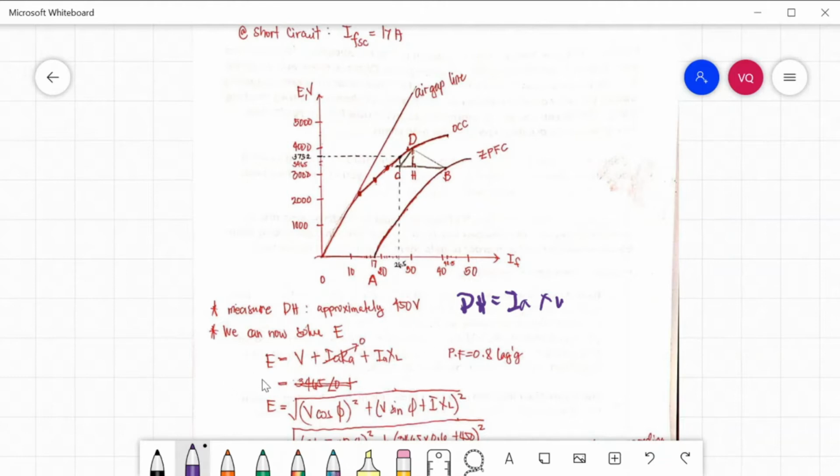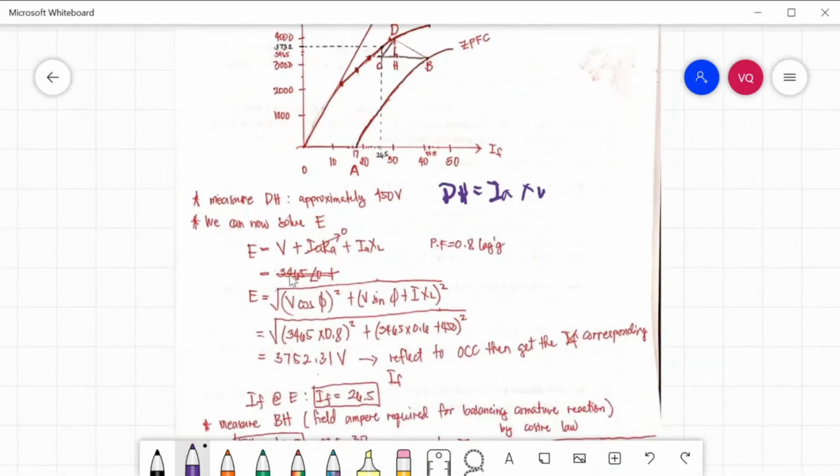This is the general formula for E, but since IARA, the drop in armature resistance, is not given, that is equal to 0. Only the IAXL remains. So E is equal to the terminal voltage plus IAXL vectorially. The formula is E equals square root of (V cosine phi) squared plus (V sine phi plus IXL) squared, where phi is the power factor angle.